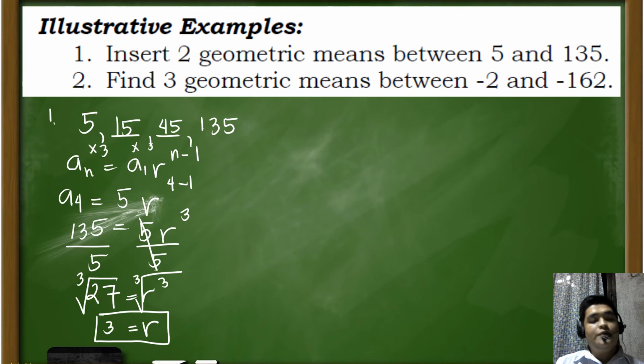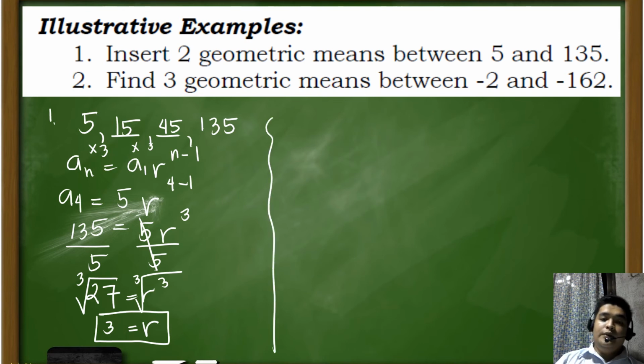Then 45 times 3 is 135. Therefore, our two geometric means between 5 and 135 are 15 and 45. Let's proceed now to number 2.